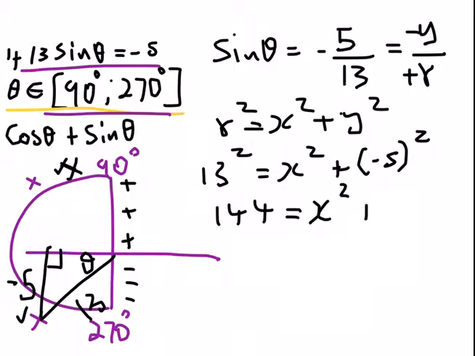This one definitely is 25. And then you end up having, what is it? Is it 144? Wait. Nope, it's not 144, it's 169. I just remembered now. Did I remember, or did I check it on the memo?